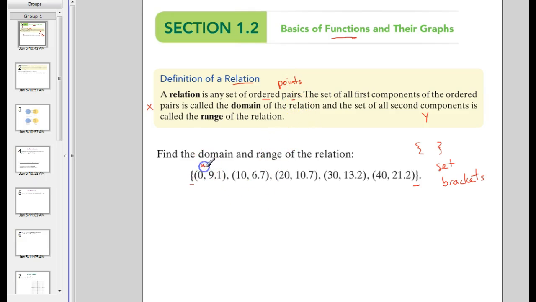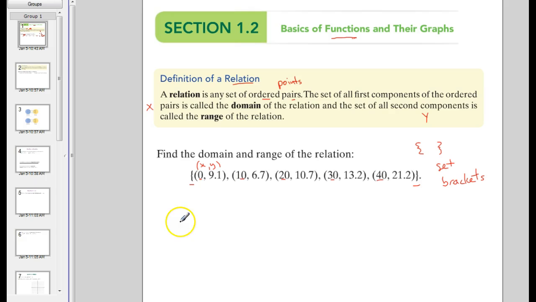These are points, and a collection of them in set brackets is called a relation.